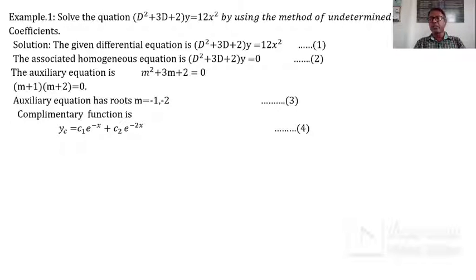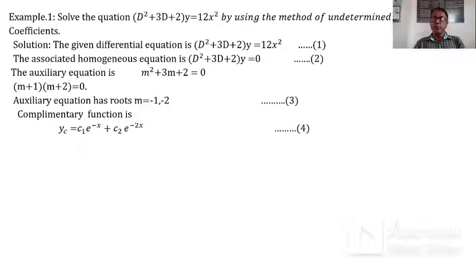If it contains the term of sin ax or cos ax, then it indicates that the roots are complex. And if Q(x) contains the term of x or powers of x, like x square, x cube and so on, this indicates that the roots are repeated.